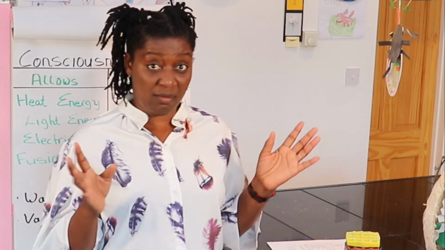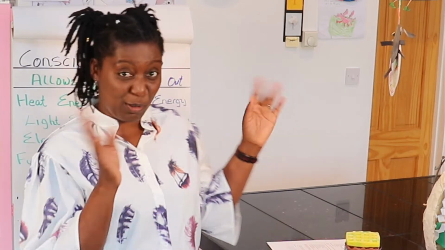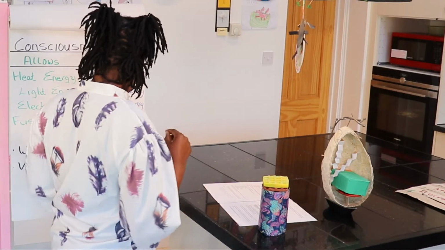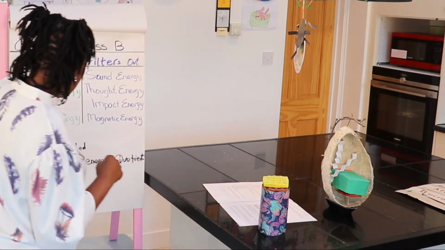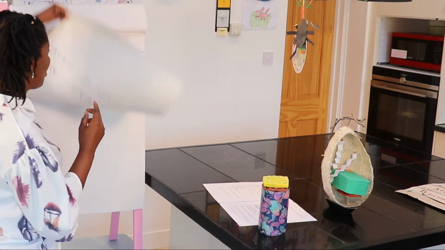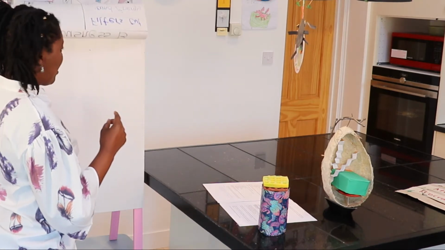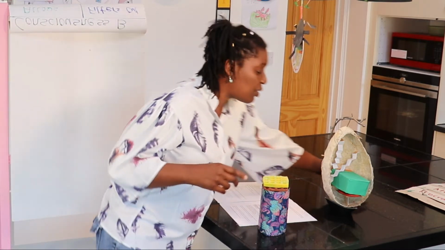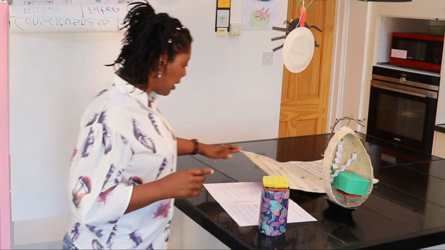So I'm going to explain this again using another prop I've made, so bear with me. I've got this here. I will come back to this in a minute. I just put it back there for the time being while I use this. I just don't want too many distractions.